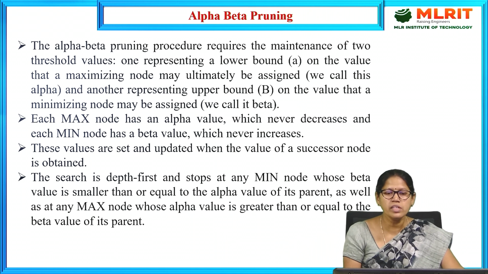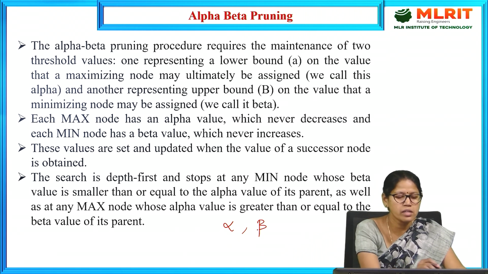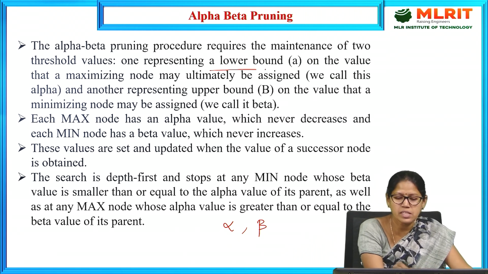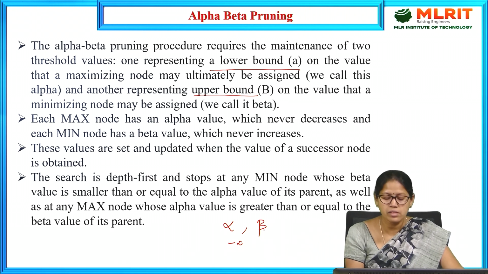In alpha-beta pruning, there are two values: alpha and beta. One represents the lower bound and the other the upper bound. The lower bound value is minus infinity and the upper bound value is plus infinity.